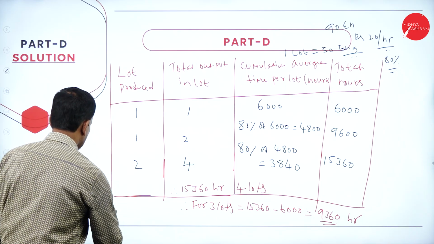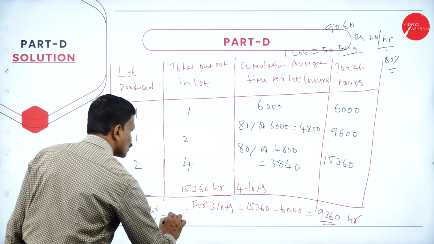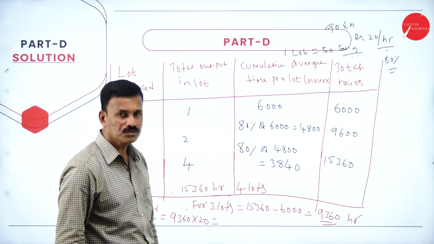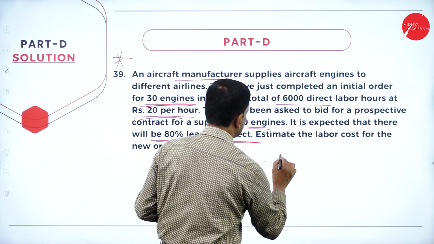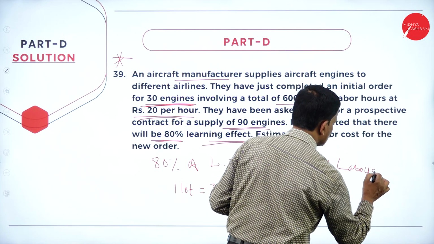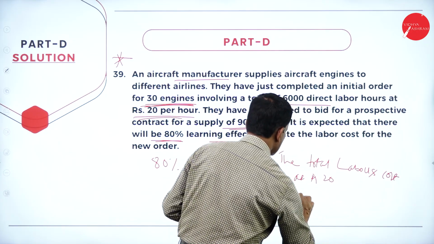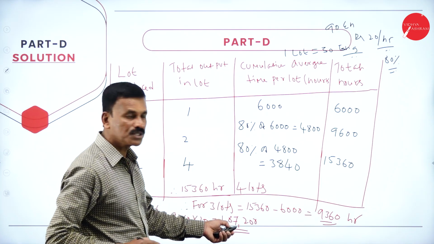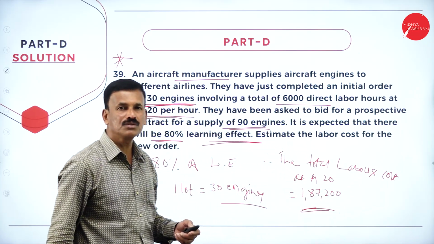That's equal to 1,87,200. So the total labor cost at rupees 20 per hour is 1,87,200. This is how we are going to simplify this problem.